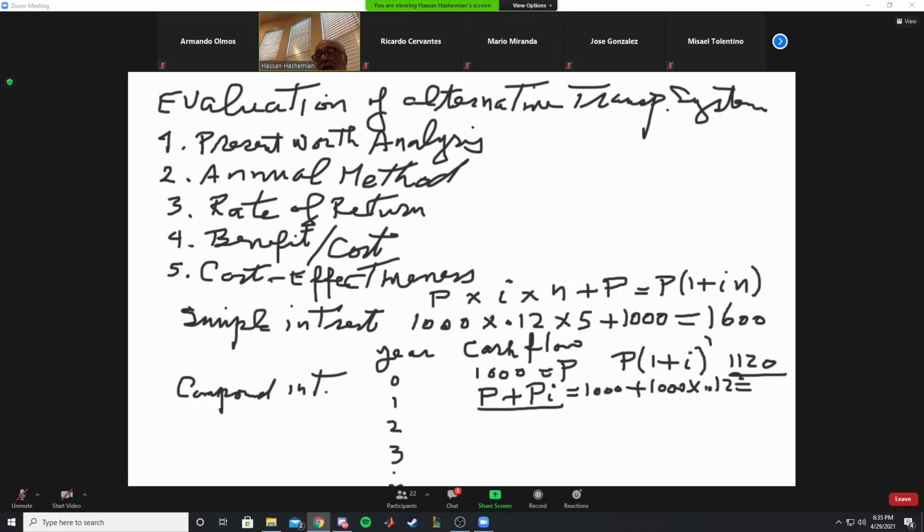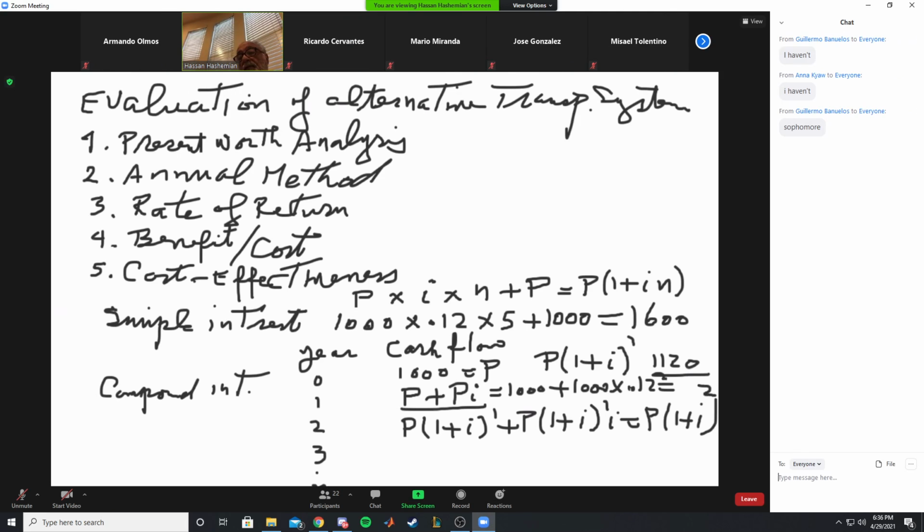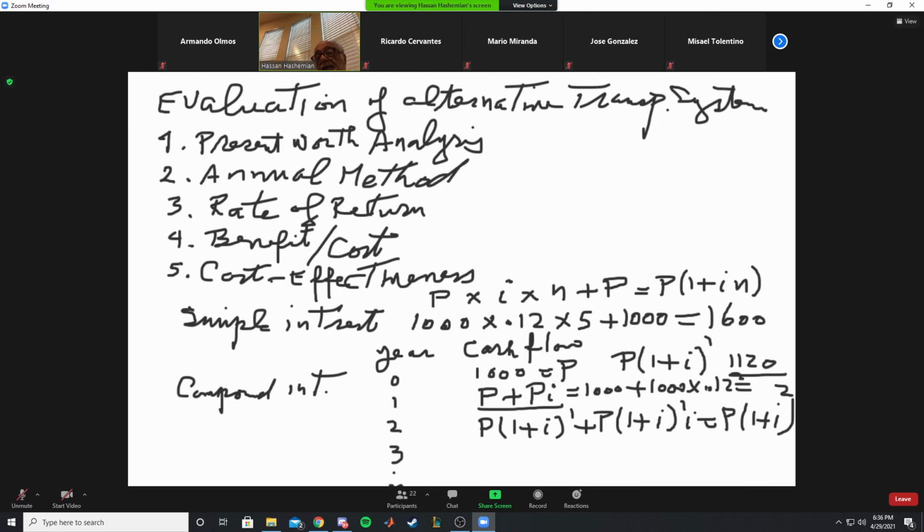That's the amount you have, and you got to get interest on that, which is P times (1 plus I) to the power of 1. So this is your principal, P times (1 plus I) to the power of 1. And then you have to multiply it by interest to get your interest. So if I factor this, it will be P times (1 plus I) to the power of 2. Okay? Everybody understand that?